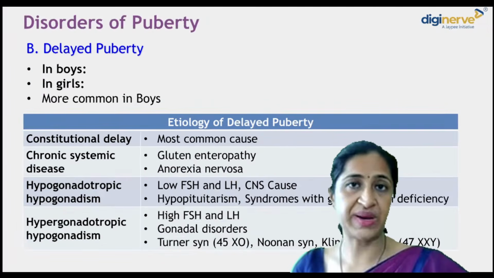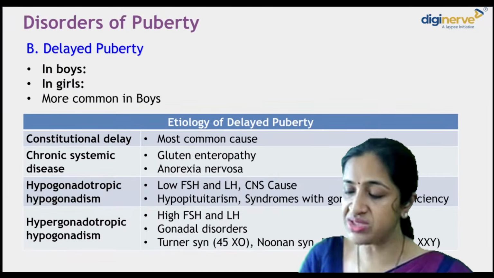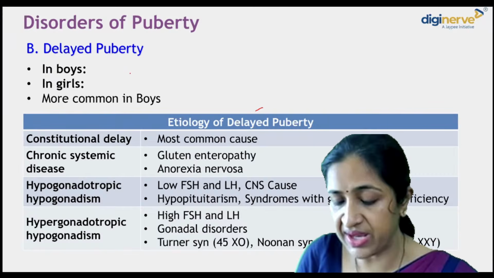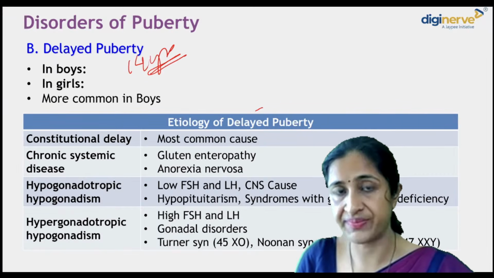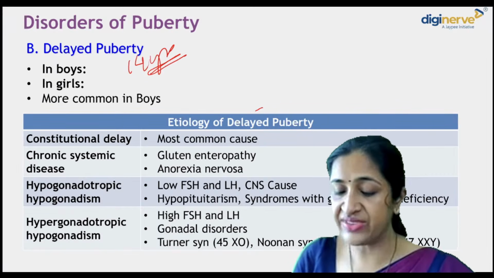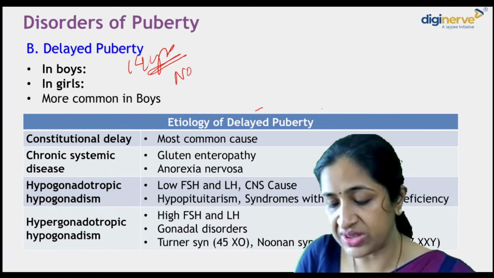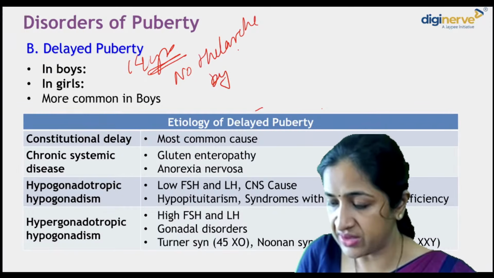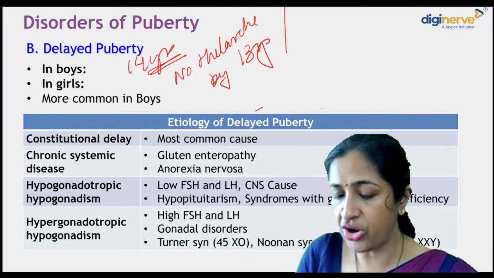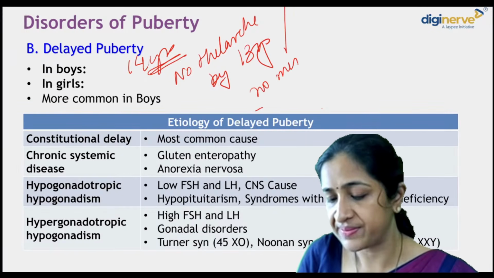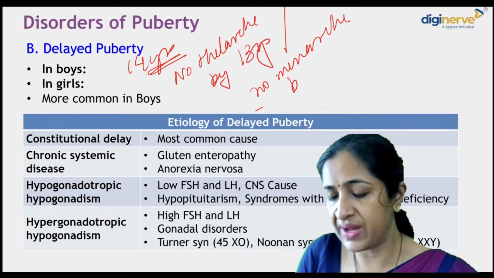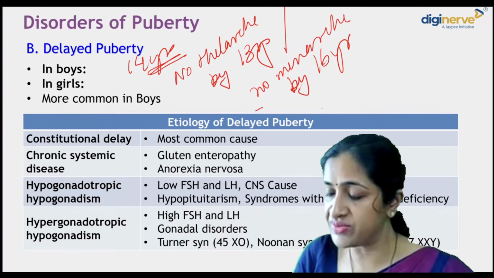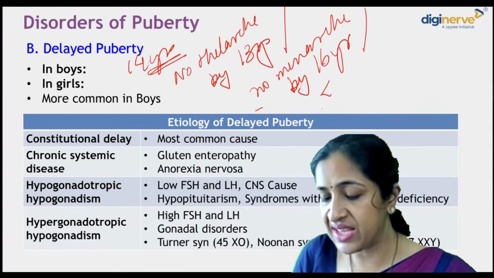Now, the other spectrum, delayed puberty. In boys, delayed puberty is if there is no testicular enlargement by 14 years of age. Okay. In girls, if there is no breast bud, no thelarche by 13 years, or no menarche by 16 years, or they have put a new clause which says less than 5 years.